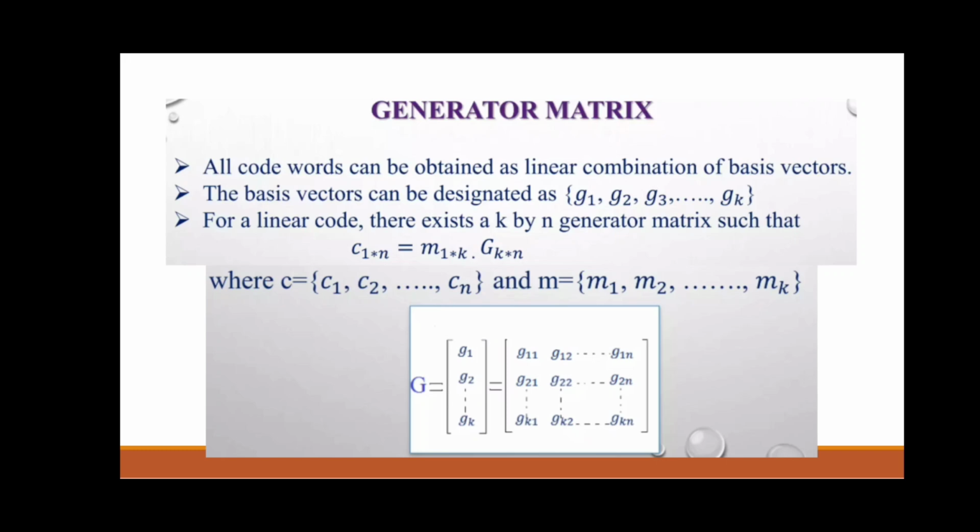Here we apply matrix multiplication to find the code words. The code word is denoted by C and can be written as C1, C2 up to Cn, and the message is denoted by M and can be written as M1, M2 up to Mk.